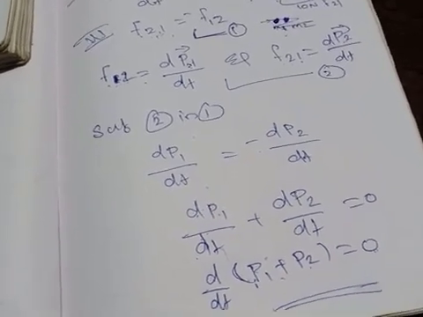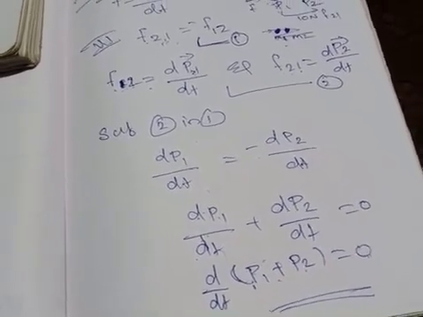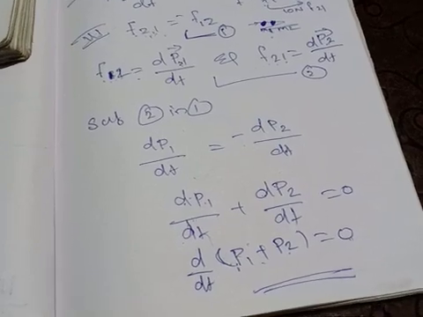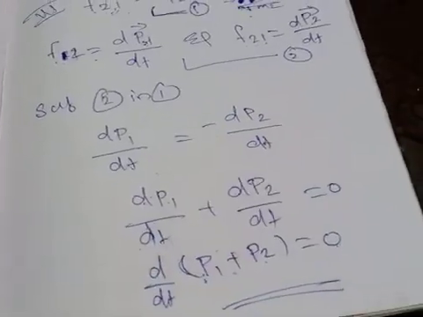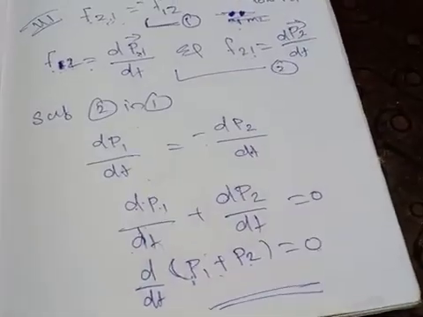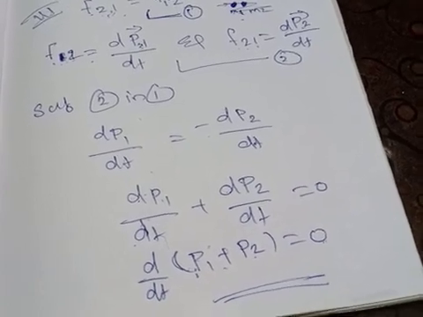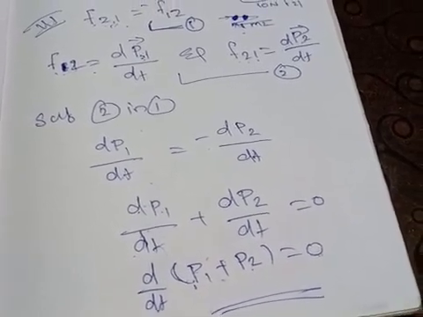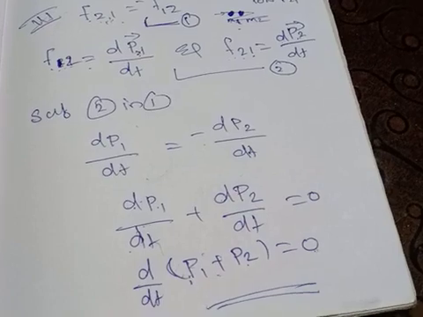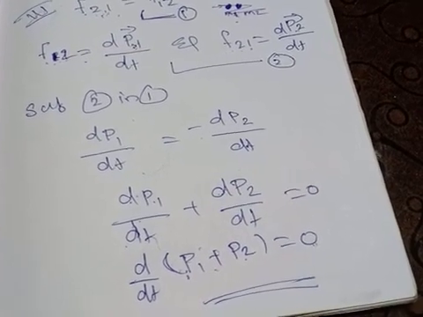So based on this, there is a law given: if there is no external force acting on the system, then the total linear momentum of the system is always a constant vector. In other words, the total linear momentum of the system is conserved in time.